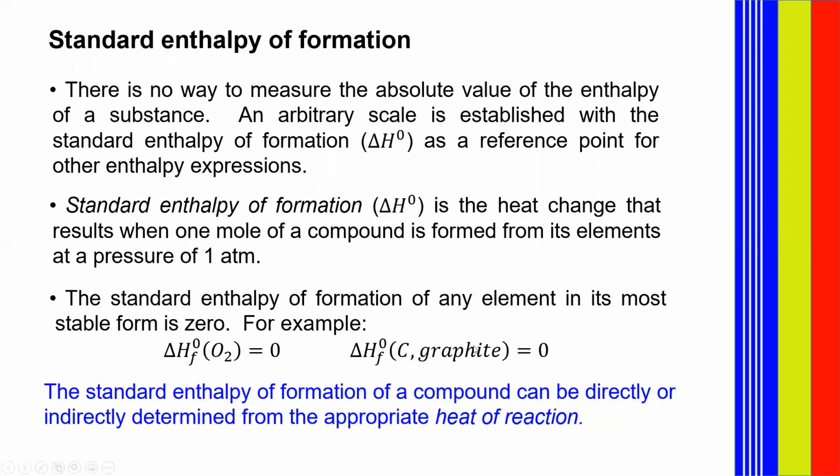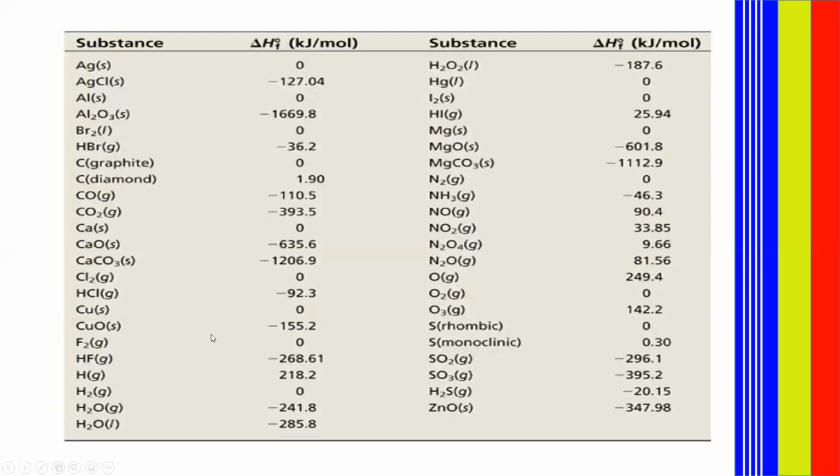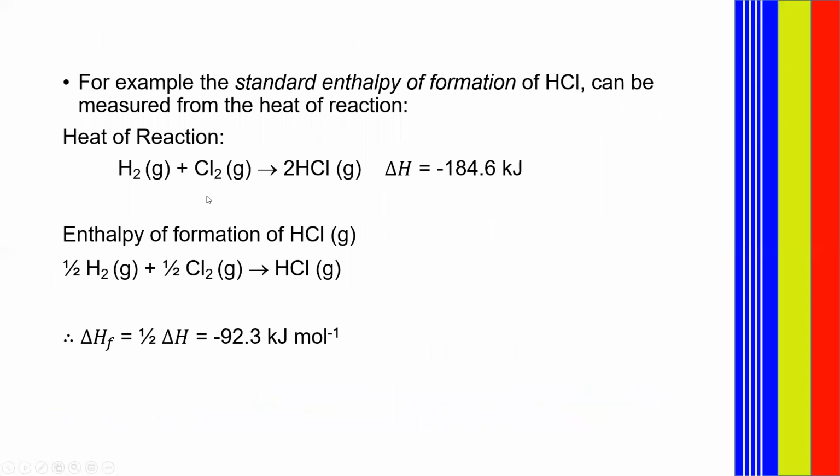Usually a table is given to you as such. Any general chemistry textbook will have this. Now, the standard enthalpy of formation of HCl can be measured from the heat of reaction.